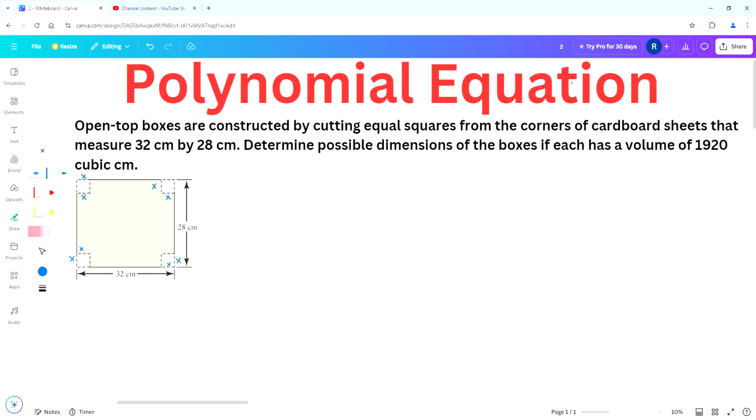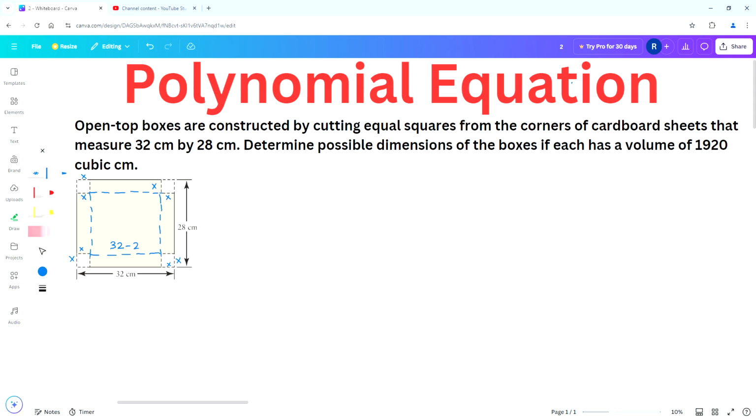In order to make the box, the flaps will be folded along these broken lines. These four broken lines make the base of the box. The length of the box will be equal to 32 minus 2x.